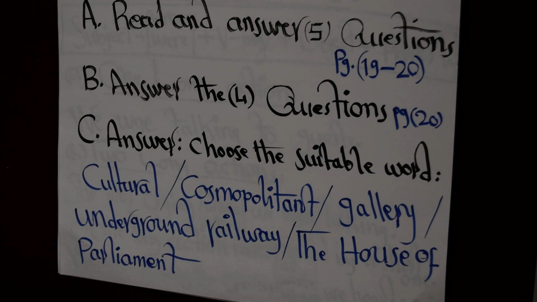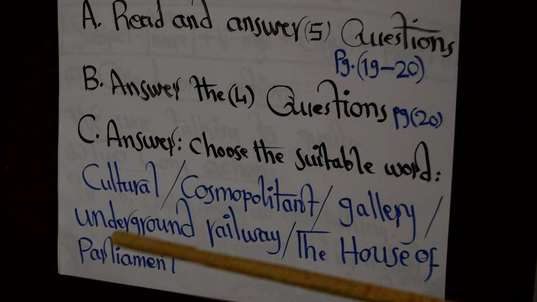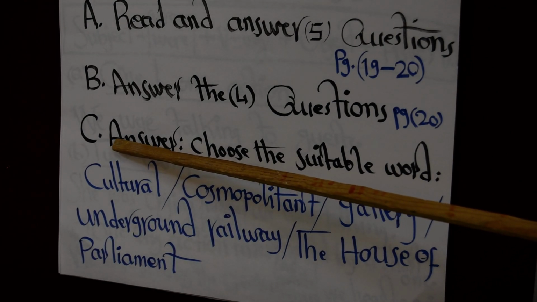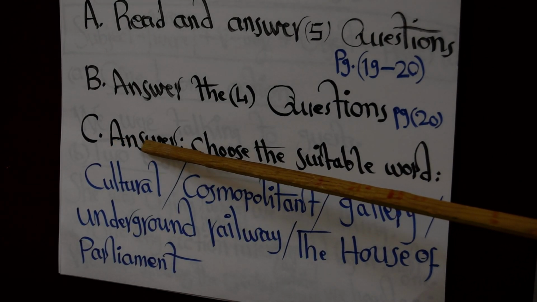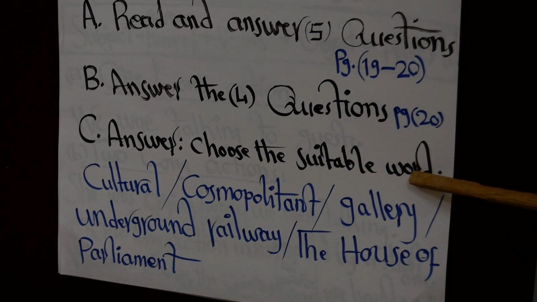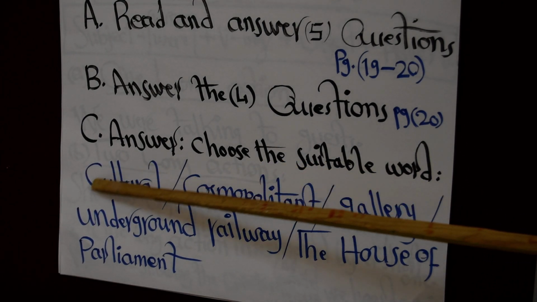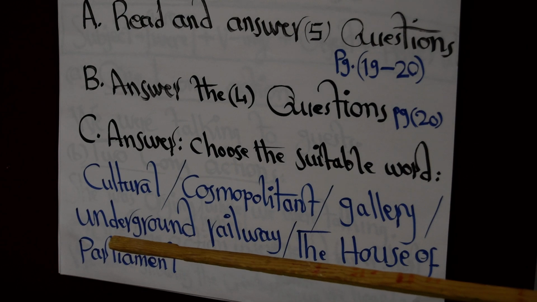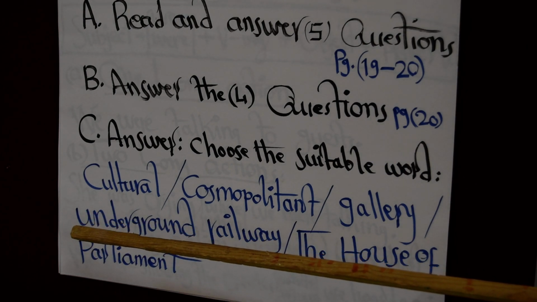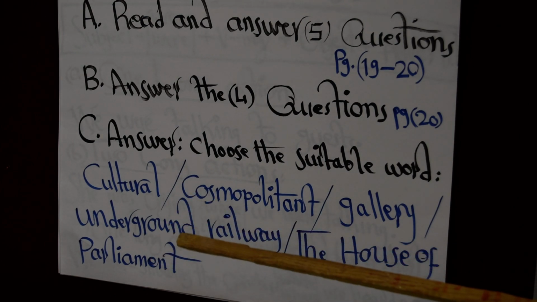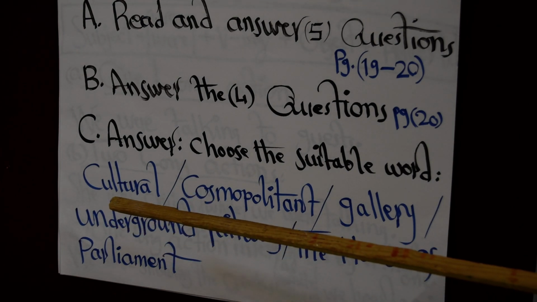I wrote the answers in a random way, so you have to arrange them. These words are the answers, and you have to arrange each word or expression with its suitable position or question.